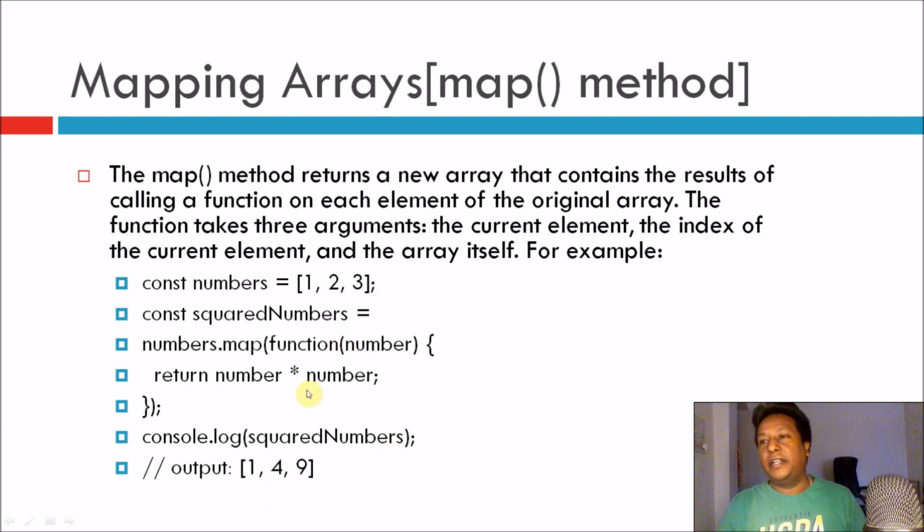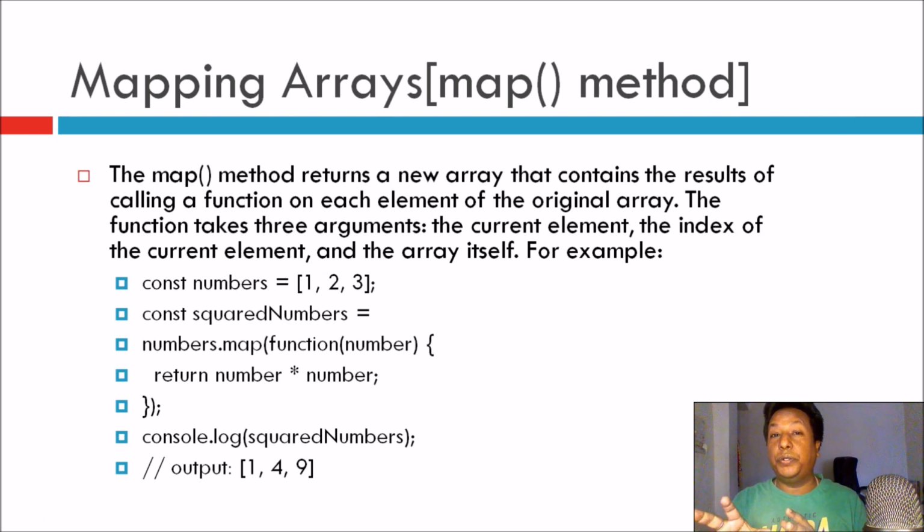If you see here, the map method and the forEach method both do the same thing. They iterate over the array's elements one by one, but the difference is the forEach method does not return a new array, but map returns a new array. So if you write const a equal to forEach, after forEach completes, it will return undefined to the constant.